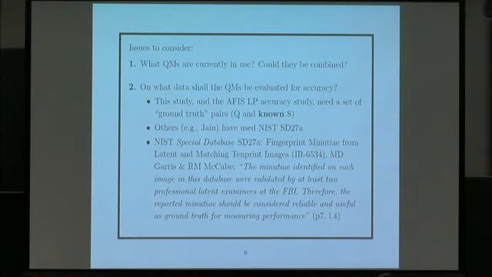This NIST special database SD27A, I'm just quoting now from the internal report: the minutiae identified on each image in this database were validated by at least 2 professional latent examiners. Therefore, they should be considered reliable and useful as ground truth for measuring performance. So that's not quite what I had in mind in terms of ground truth.